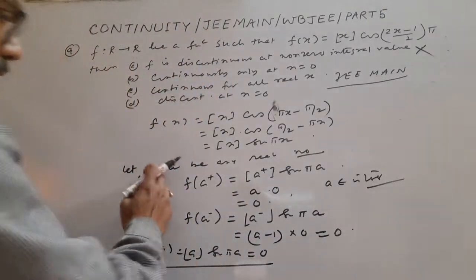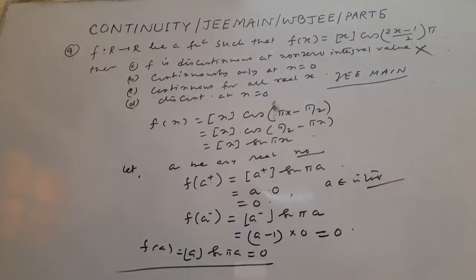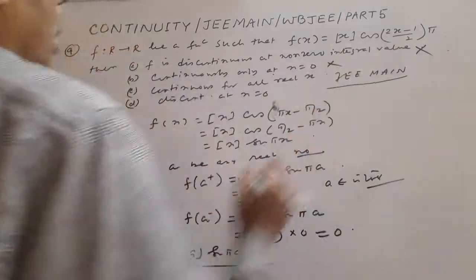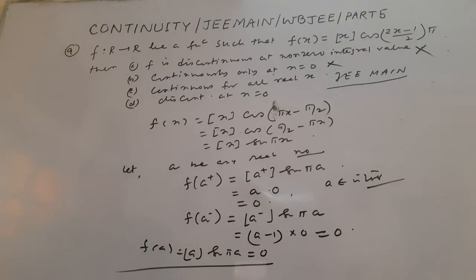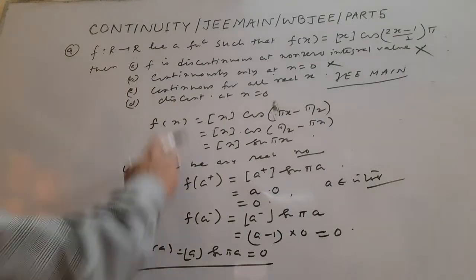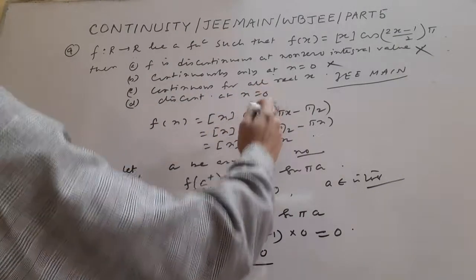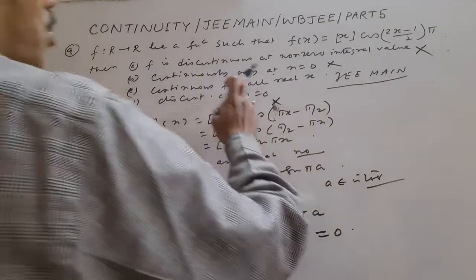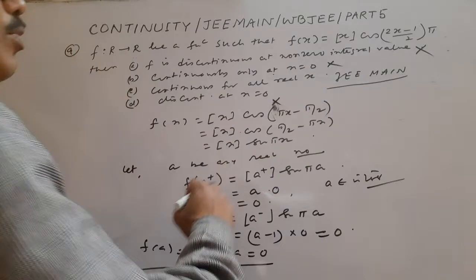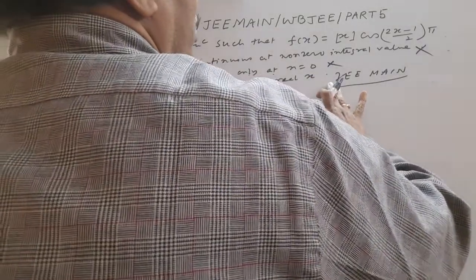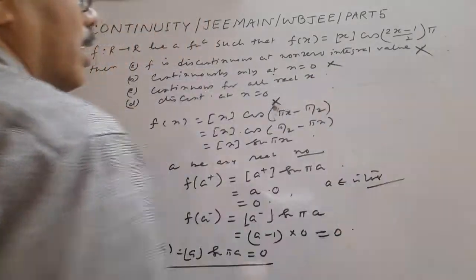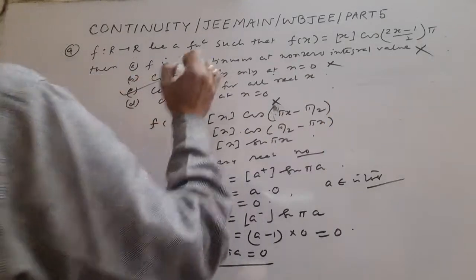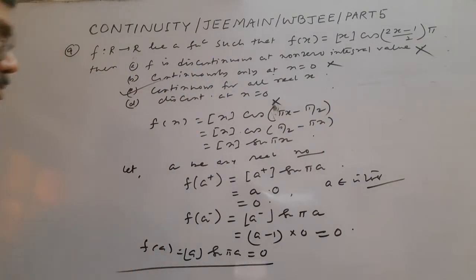So at any integral value, it is continuous. So continuous only at x equals to 0, it is not true. Discontinuous at x equals to 0, this is not true. So continuous for all real x. So option C is correct option.